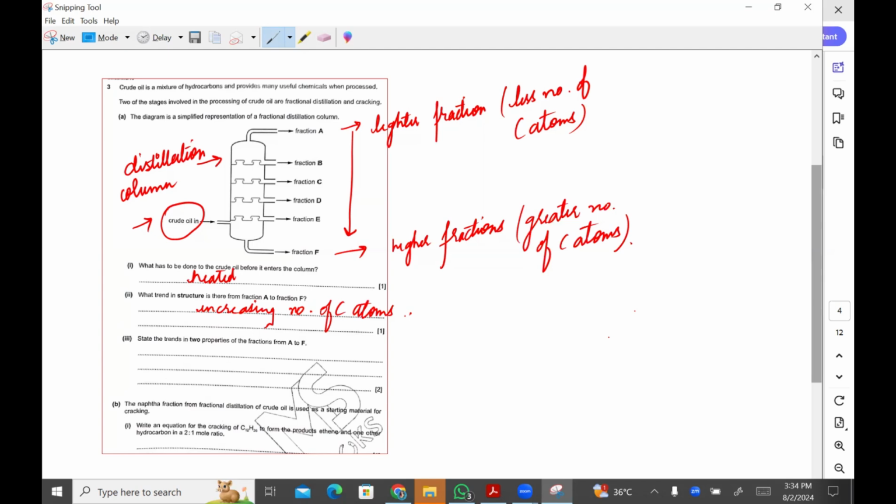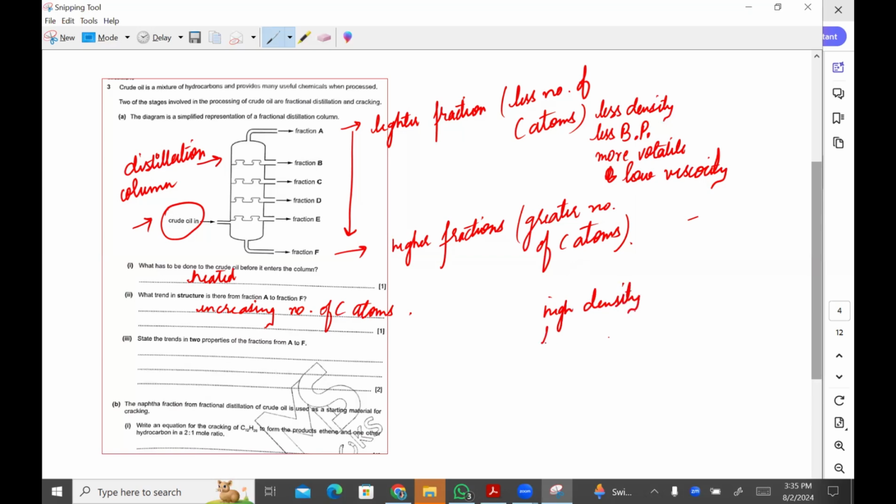State the trends in two properties of the fractions from A to F. Remember, at the top we are getting the fractions which have less density, which have a low boiling point, which are more volatile, and you can say low viscosity. At the bottom, we are getting high density, high boiling point, less volatility, and more viscous liquids.